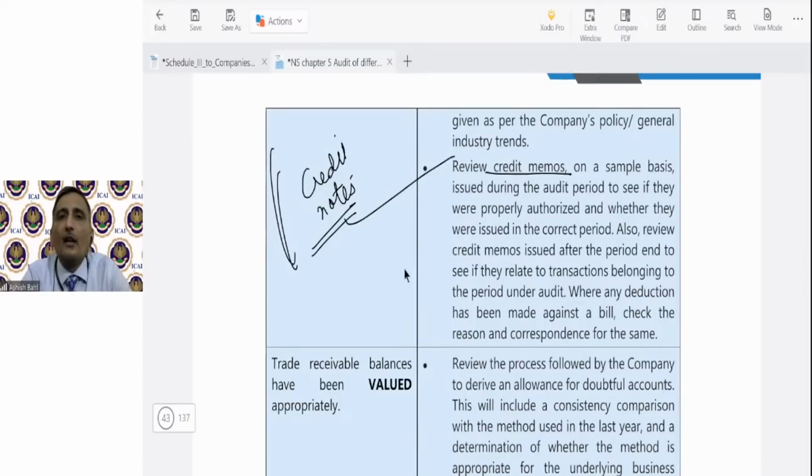So now say, later on after 15 days, there is some change in rate, or you want to give some sort of benefit to the customer, or there is some dispute relating to some item, then obviously you would be issuing a credit note.